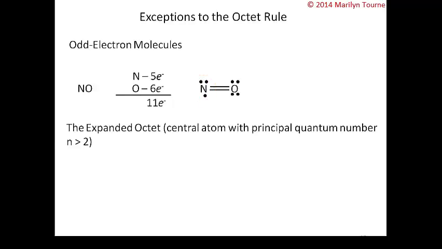The last type of exception I want to talk about is the expanded octet. Expanded octets can only happen to atoms in the third period or beyond. The reason these things happen is because the 3s and 3p orbitals have available 3d orbitals that can be used in bonding. So for example, something like sulfur hexafluoride, SF6, has 48 electrons if you add everybody up.